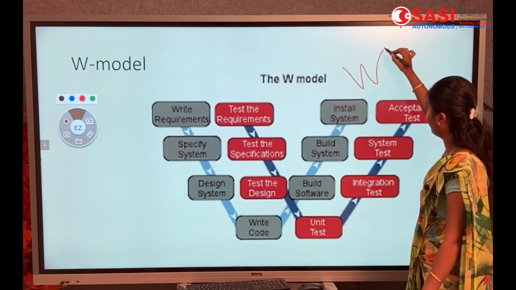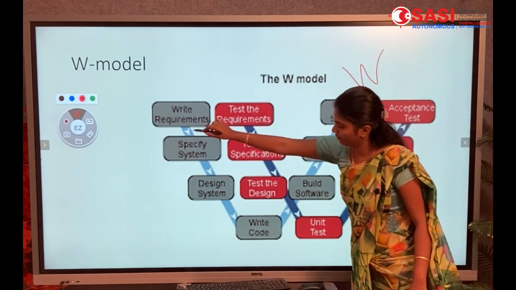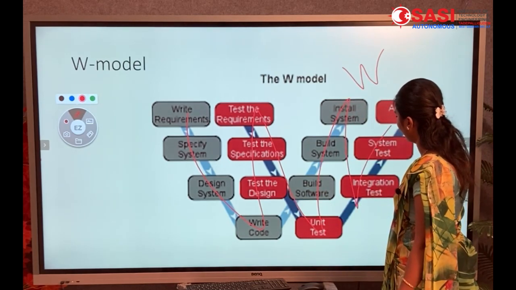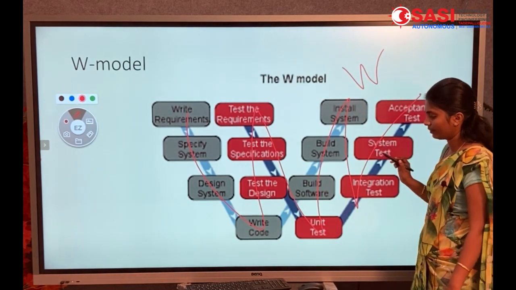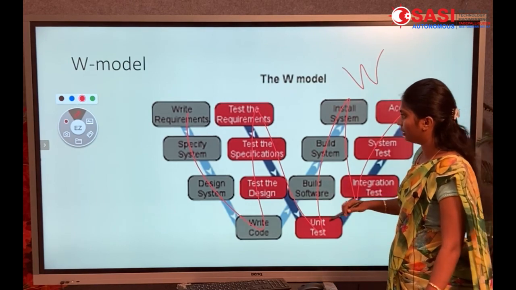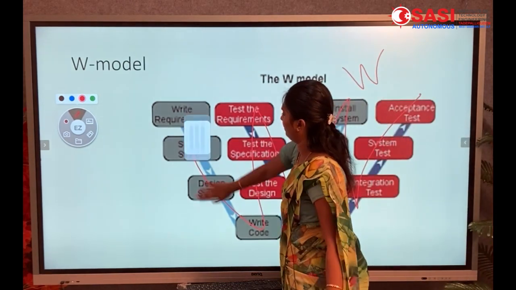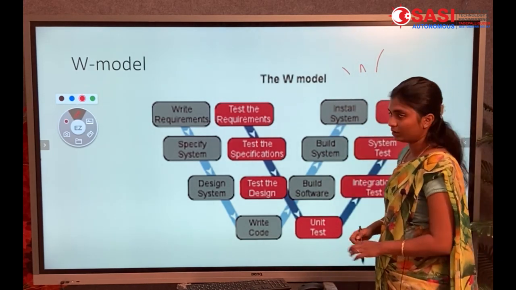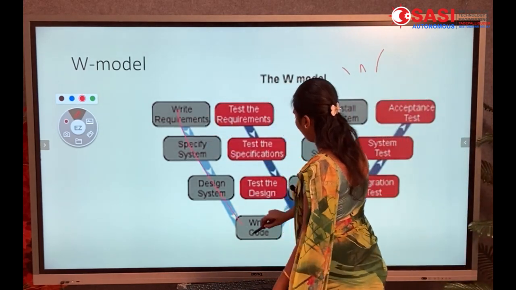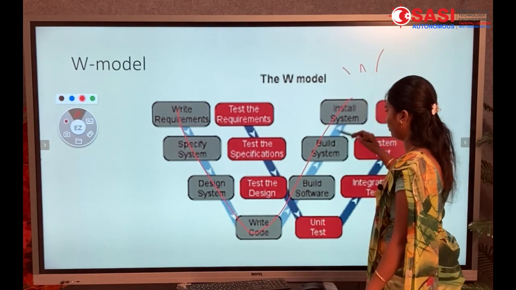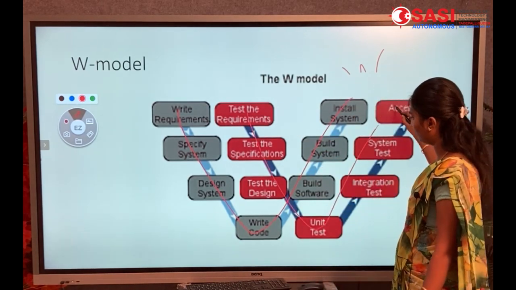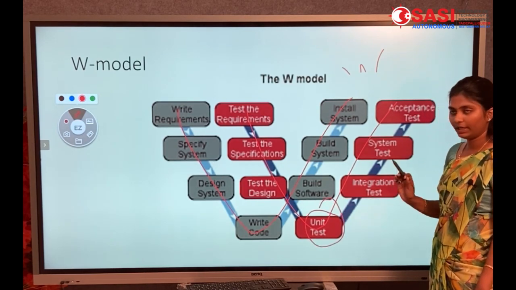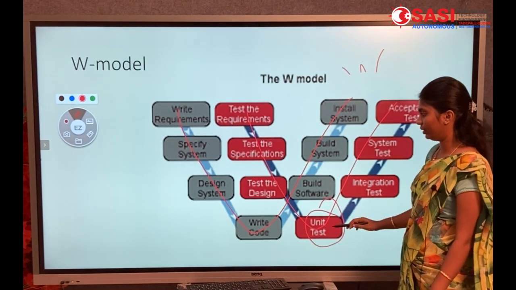Okay, see, there are two types, 1, 2. Now I am going to talk about unit testing. In the W model, first we will know about the unit testing.